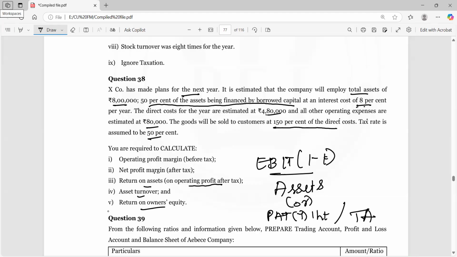What is asset turnover, return on capital? 0.9. Then return on equity, 16%.